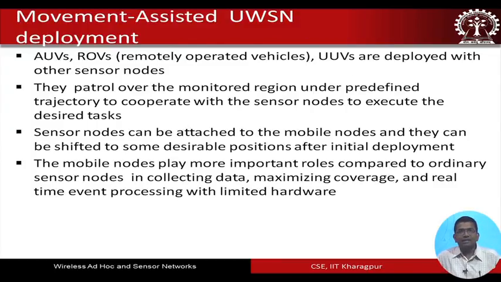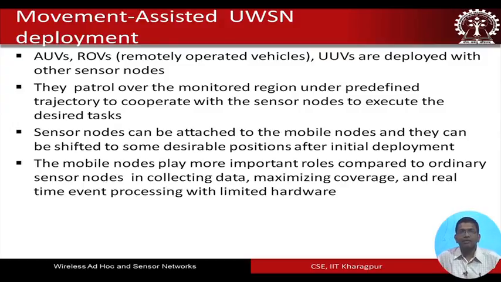In movement assisted underwater sensor networks, AUVs, ROVs, etc. are also deployed with other sensor nodes. These AUVs, ROVs, UUVs patrol over the monitored region under a predefined trajectory to cooperate with the sensor nodes to execute the desired task. The sensor nodes are deployed at different places, and these AUVs and ROVs move around these nodes and help them to cooperate or communicate with each other.